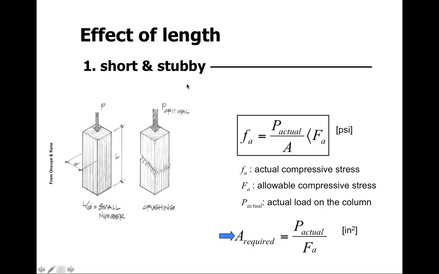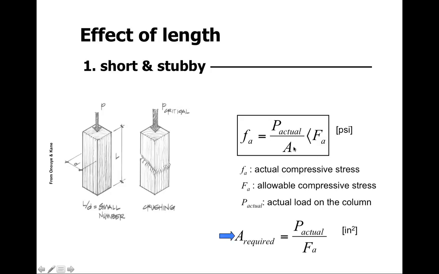Now, in the case of short, stubby columns, here's an example: short, stubby wood columns. And we can look at them with this particular formula, where F sub A is equal to P, the actual load applied, divided by the area. And that has to be less than capital F sub A, or the allowable compressive stress.